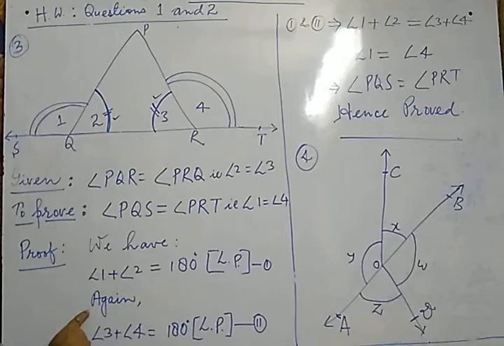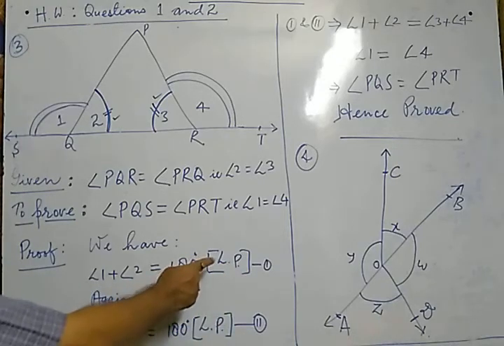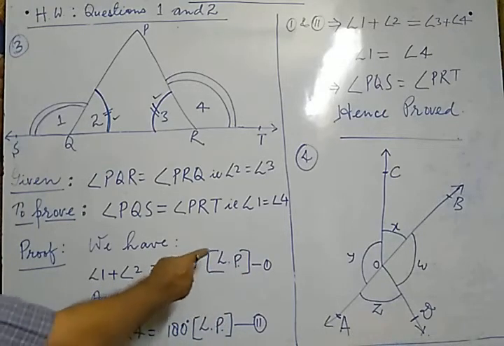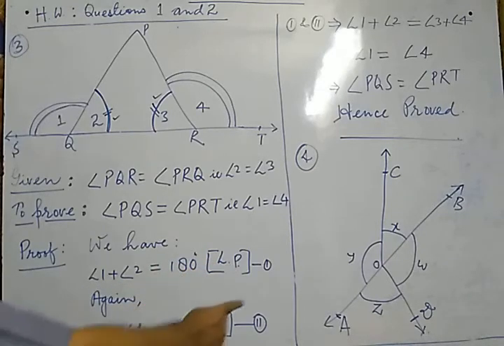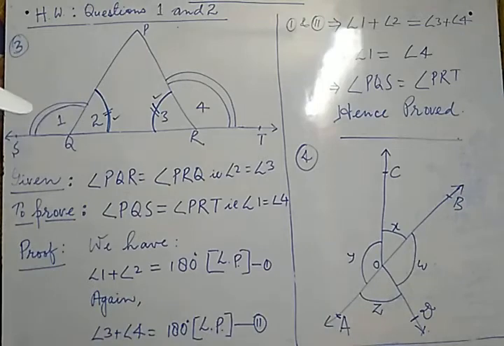See, again angle 3 plus angle 4 equals 180 degrees. In brackets, the reason will also be noted down. What is the reason? LP, where L indicates linear and P indicates pair. So this one is equation number 1. Again angle 3 plus angle 4 equals 180 degrees, because this one is also a linear pair.